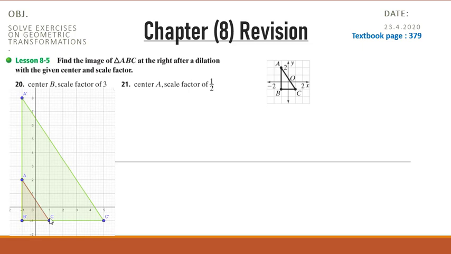C is 1 and -1. We are not going to multiply it by 3, because the center of the dilation is not the origin. This will be the image, the purple one, and the original of course is this triangle.